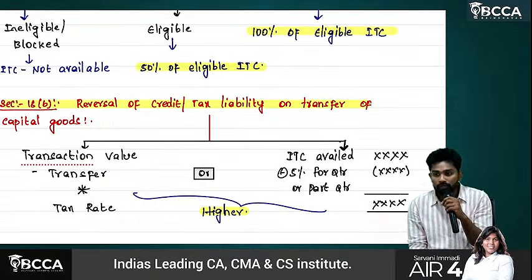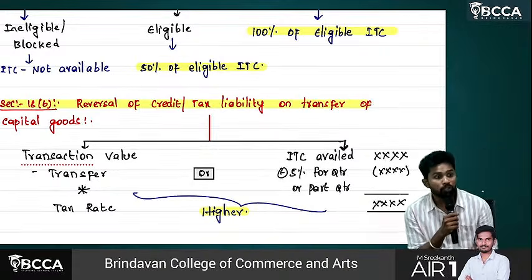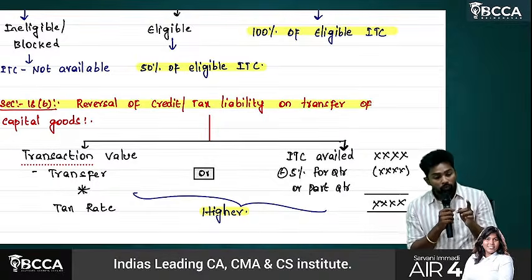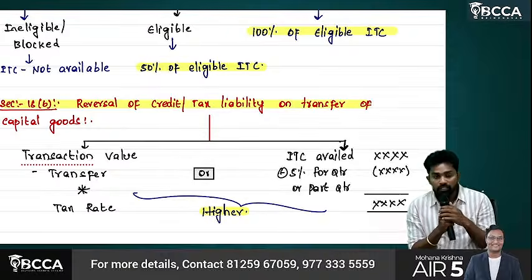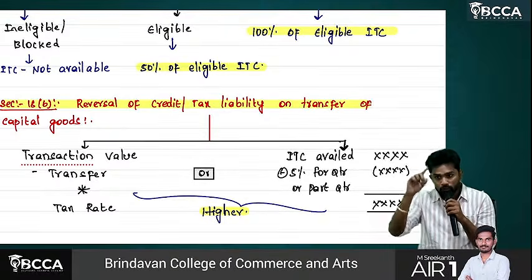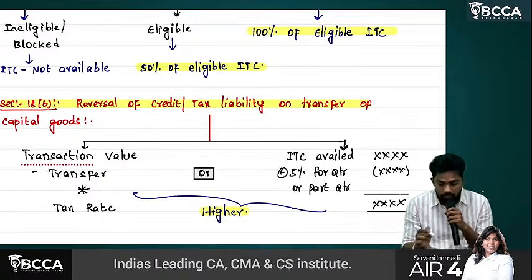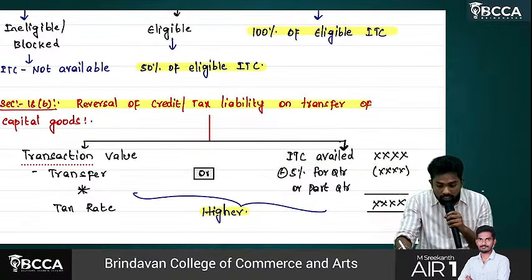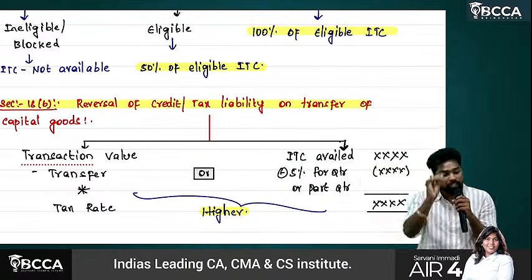5 years. Okay, so you availed ITC, sir, and immediately you are selling. Then for the government that ITC is a loss, right? So what they are saying is, once you sell a capital good, you need to pay tax. How much? Either the transaction value into tax rate, or the ITC originally availed minus 5% for each quarter used.